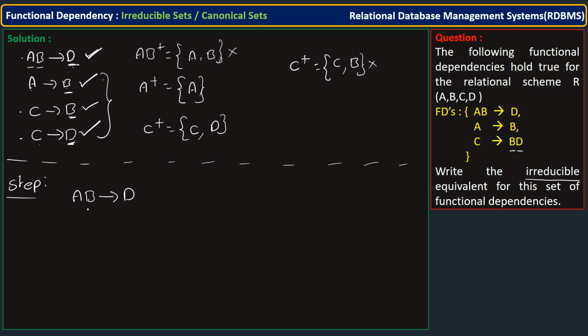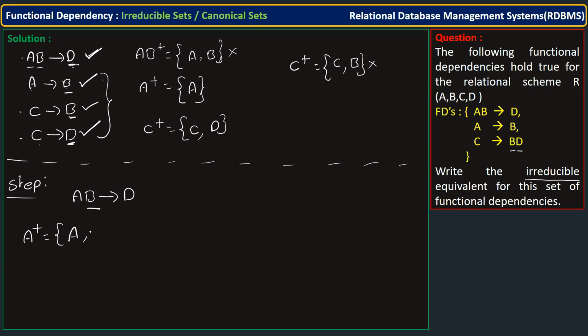Now let us check without B and with B. Without B, if I find the A closure, what do we get?